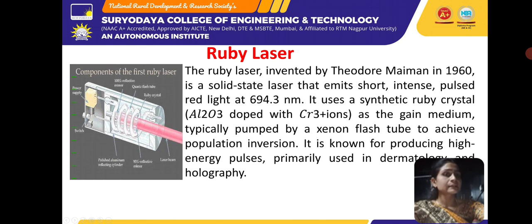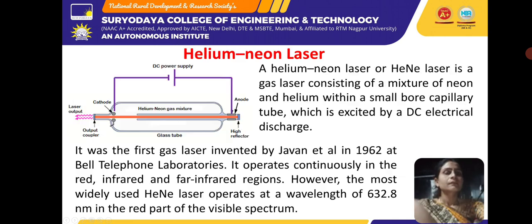It uses a synthetic ruby crystal, that is Al2O3 doped with chromium ions, as the gain medium, typically pumped by a xenon flash tube to achieve population inversion. It is known for producing high energy pulses, primarily used in dermatology and holography, and it follows a 3 level pumping scheme.